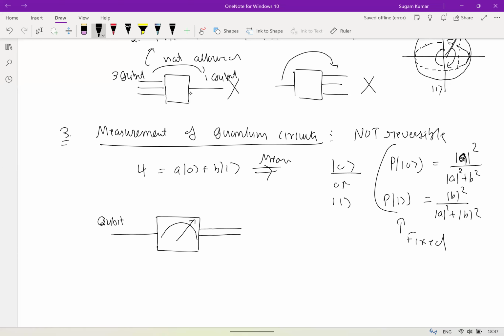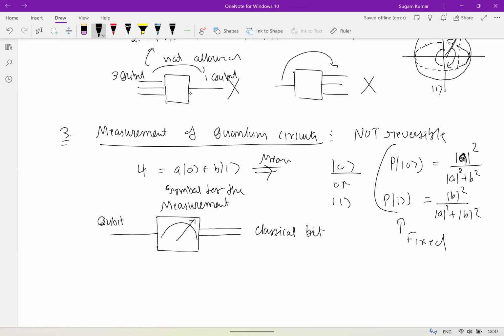Once you do the measurement, you get a classical value. Whatever you have now is a classical number, so at the output we're going to have a classical bit. And this is the measurement symbol.